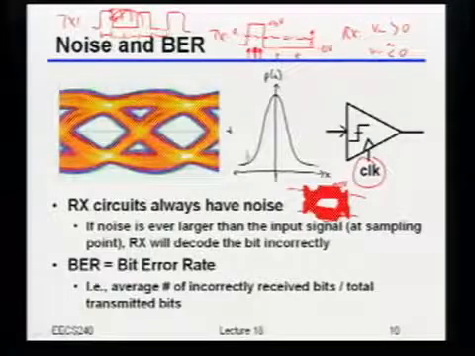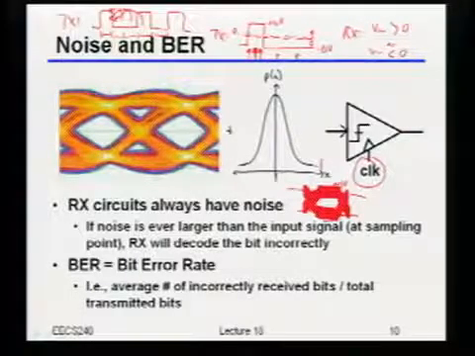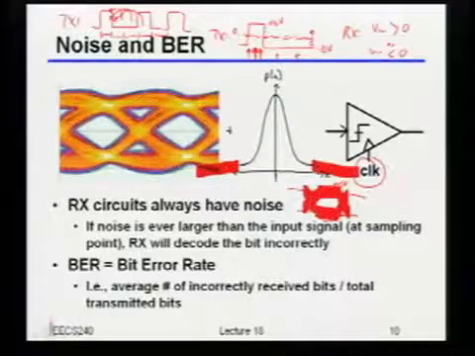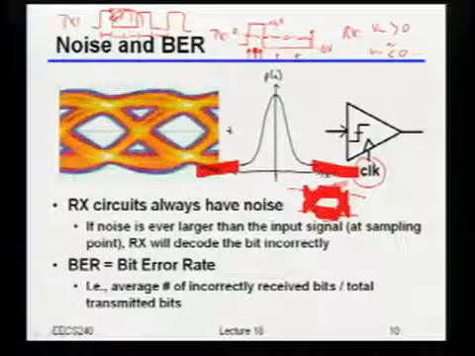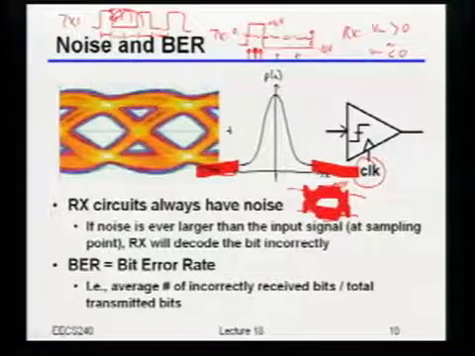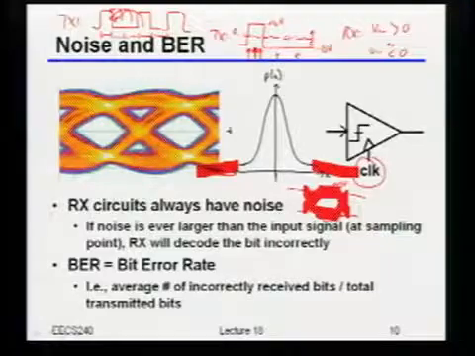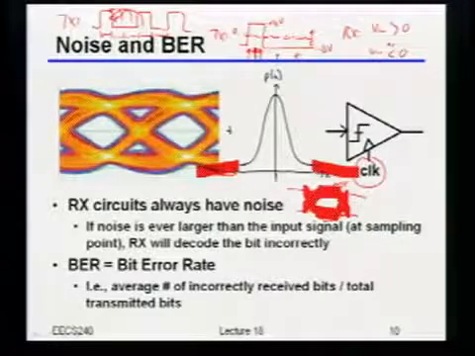Because this is a Gaussian distribution, it's always possible, even though it's very unlikely, that the noise will eventually be large enough that I actually get the wrong answer, okay? That this noise is actually larger than my signal.